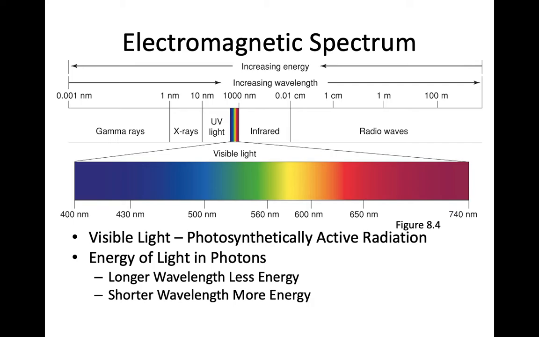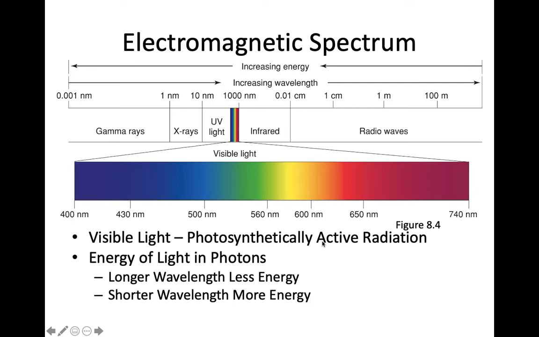So this is also the range which is able to interact with the pigments in the chloroplasts, and therefore it's also referred to as photosynthetically active radiation. That's this word here. So the light that we happen to be able to see, this visible light, also happens to be the same spectrum of light at which photosynthesis will occur. So that's photosynthetically active radiation.